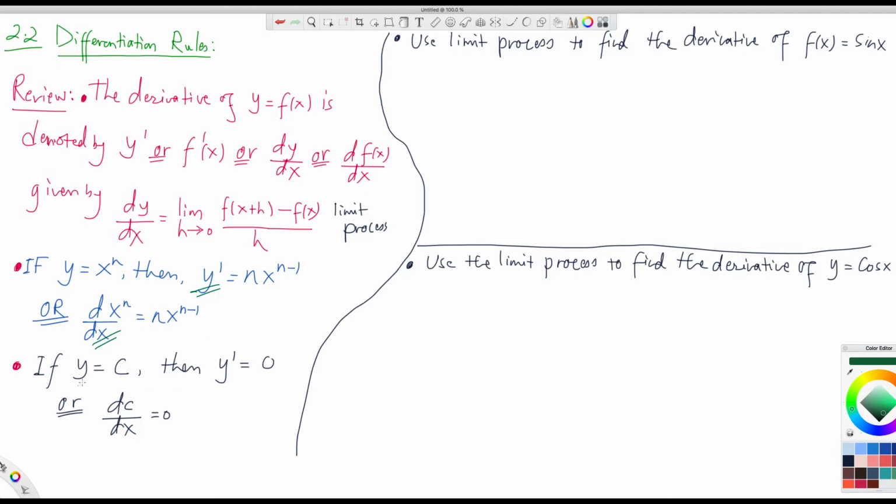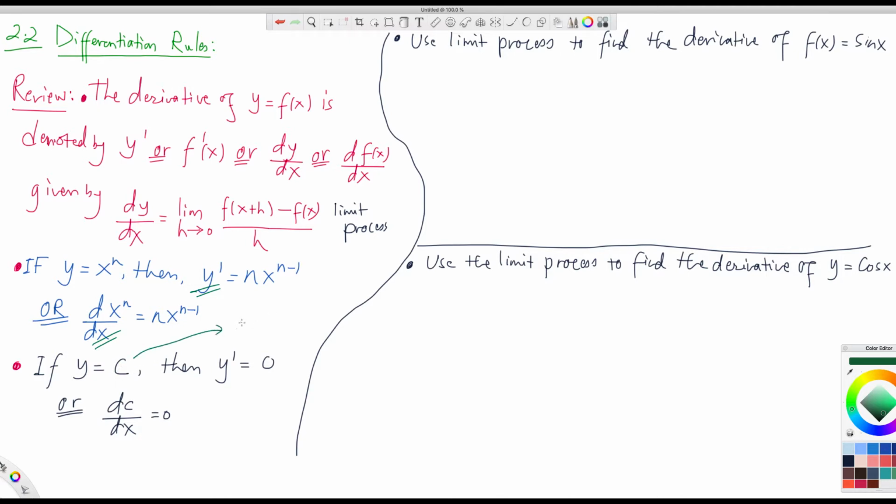Another thing is, if y equals a constant c, there is no x, there is just a number like 5 or 4 or just a constant c, then the derivative is 0. Do you remember how we found the derivative of this?